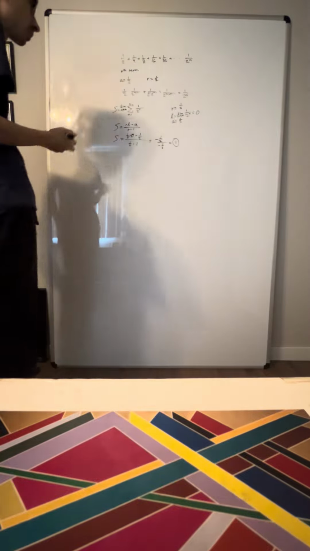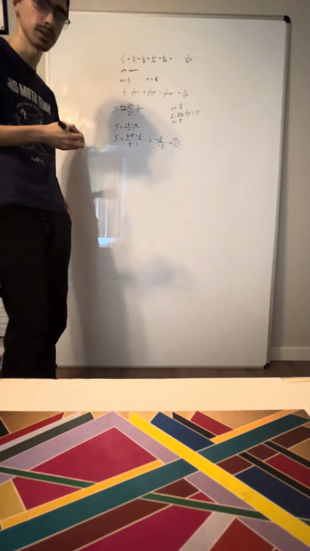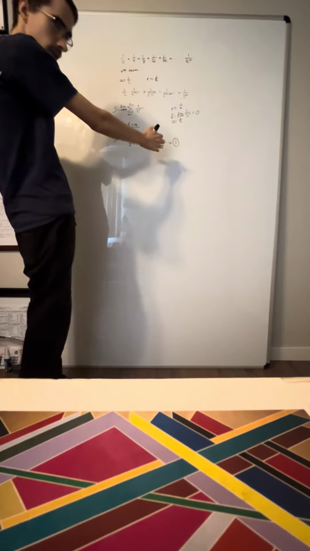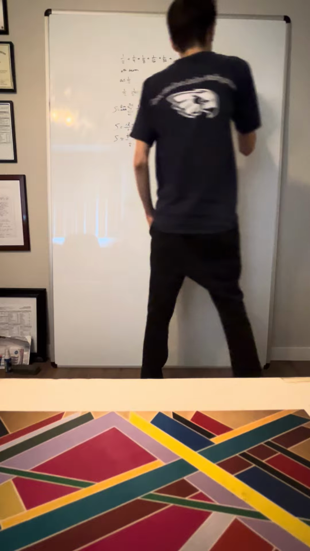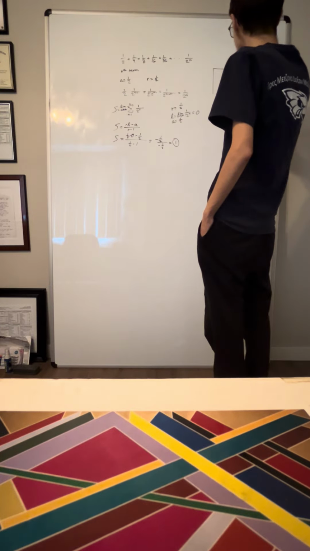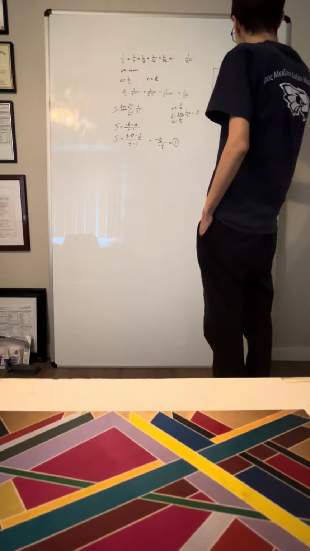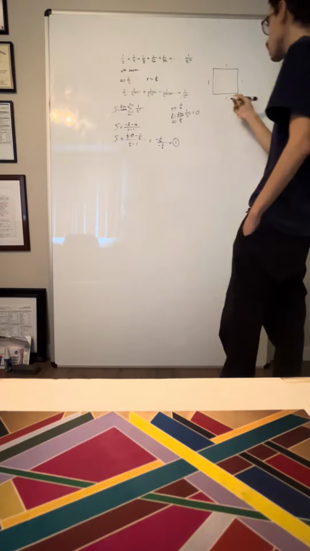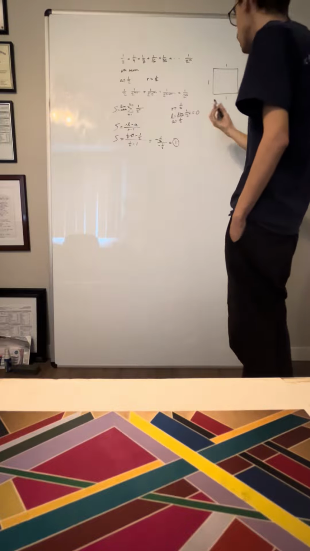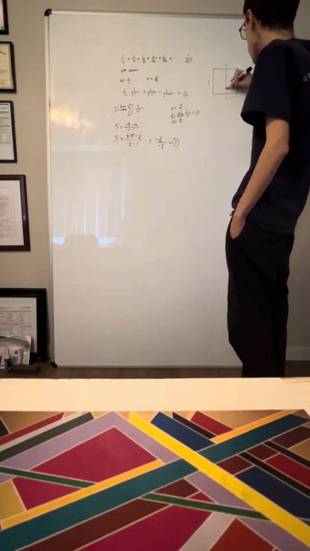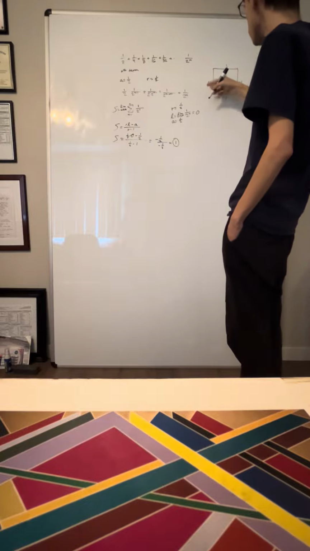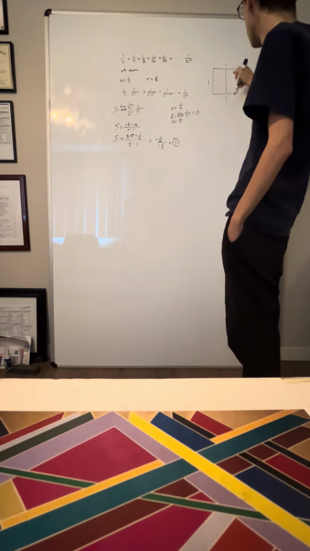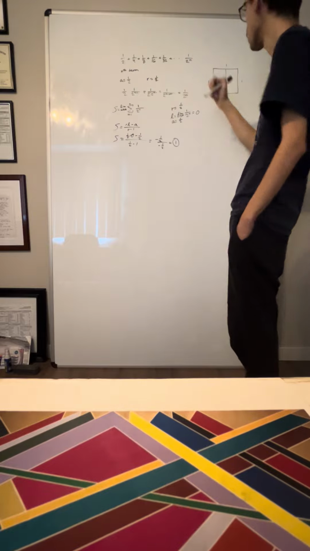How can we make sense of this? We're adding an infinite amount of terms, yet it somehow converges to a finite answer. If we look at it from a geometric interpretation, where we have a square with side length 1 all the way around, the area is clearly 1, because 1 squared is 1. Let's divide it by 1/2 to get the first term.